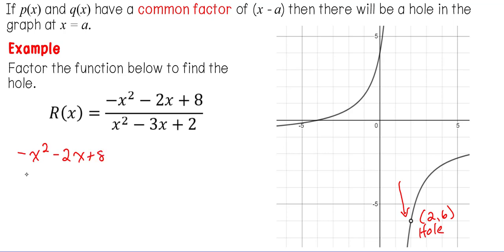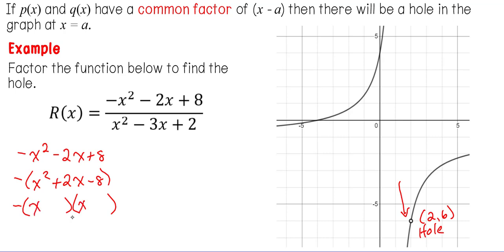So the first thing I would do here is pull out the negative. And that's going to switch the signs of everything on the inside because it makes it easier to factor when the polynomial begins with a positive. So then I'm going to break this down. And I know that's going to be x's.